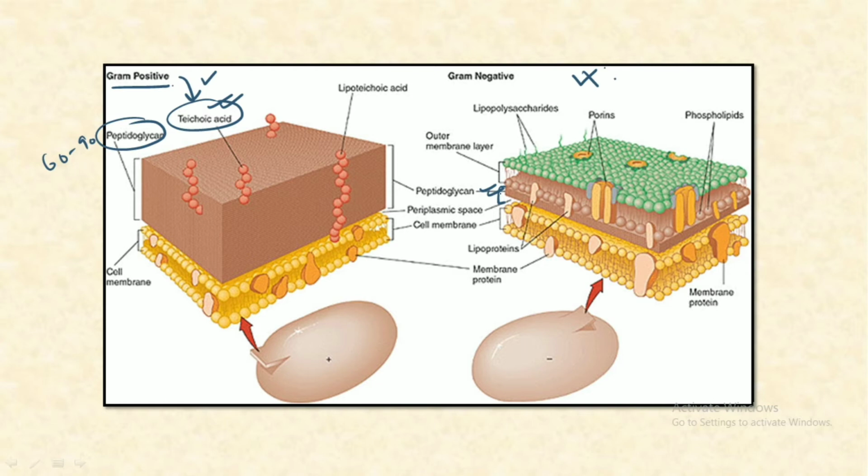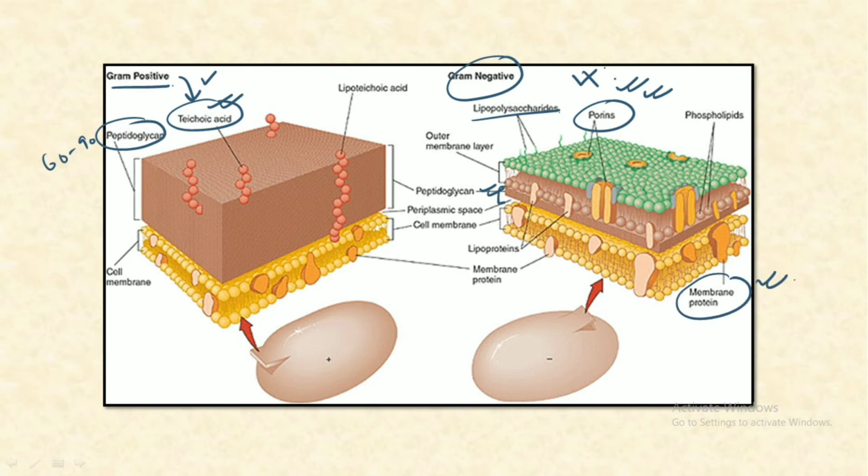The next important difference is that gram positive is comparatively simpler, or less complex in structure, but the gram negative has more components and is more advanced. As you can see, the gram negative has porins present, it has lipopolysaccharides present, and also many advanced membrane proteins are present.